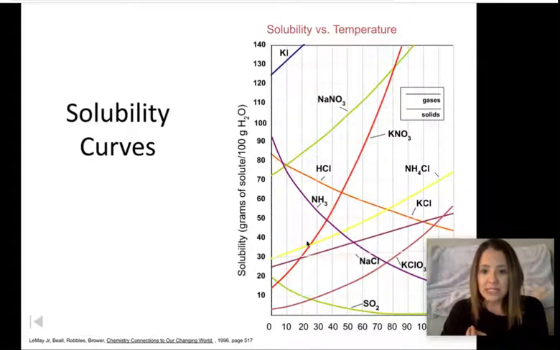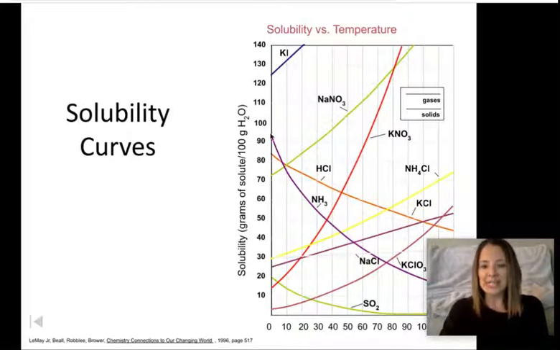So at 20 degrees, we would go up and we would see that we could dissolve roughly 85 grams in 100 grams of water. If I increase the temperature to 70 degrees, I go up and I will have a saturated solution when it hits this line. So just under 120, so let's just say 118 grams of sodium nitrate will dissolve in 100 grams of water.